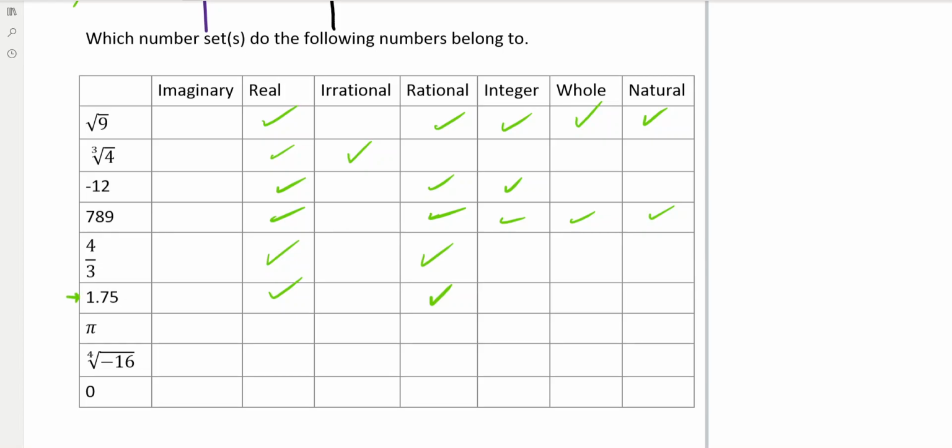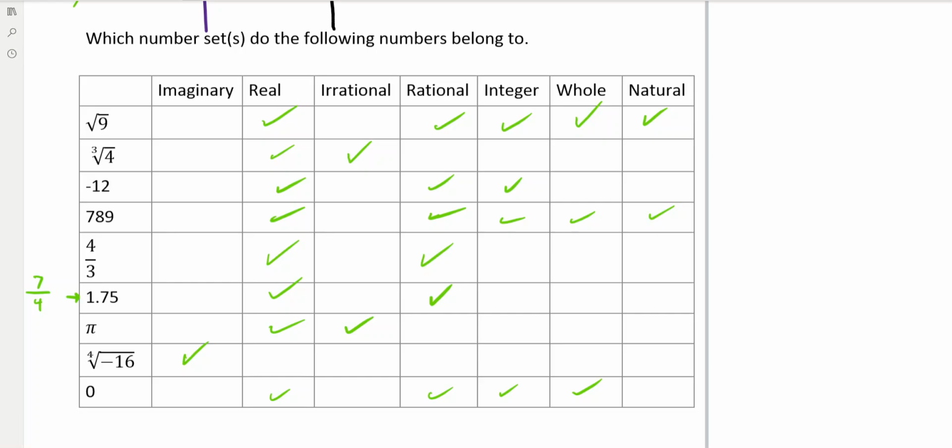Let me just show this one to you. So this would be 7 over 4. Okay, I just quickly did that in my head. Okay, pi is irrational and real. Okay, and the next one, because it's a negative inside a radical and it's an even number root, this is imaginary. 0 is a whole number, integer, rational, and real.